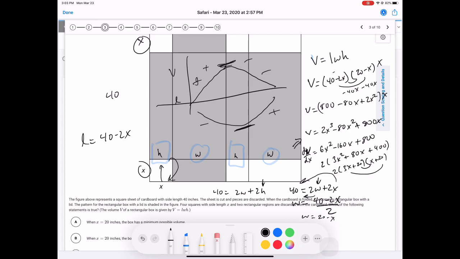So our values are x could be negative, oops, I'm sorry, I messed up right here. That was negative, negative, and that's negative and negative. So it's going to be positive 20 over 3 and 20.